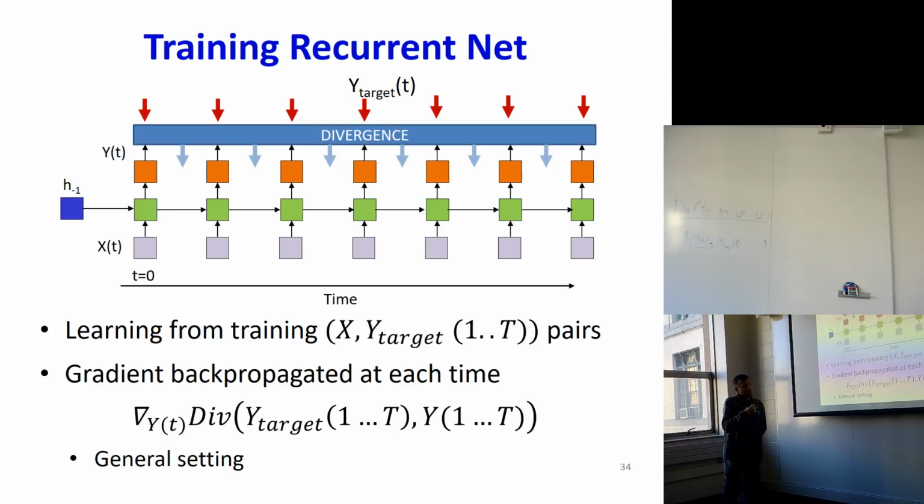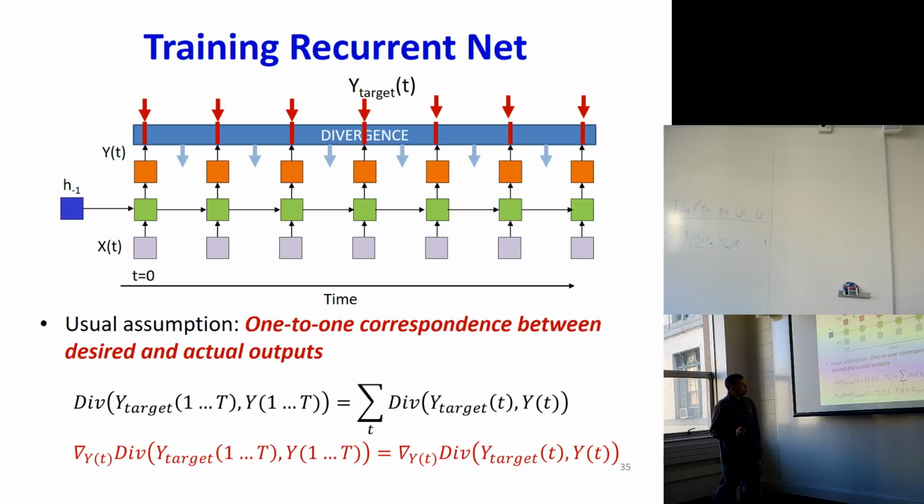And we must compute the divergence between the t long sequence of outputs and the t long sequence of target outputs. And then you can compute the derivative of the divergence with respect to each of the outputs and propagate them on backwards. So the usual assumption over here again is that there's a one-to-one correspondence between the desired and target outputs.